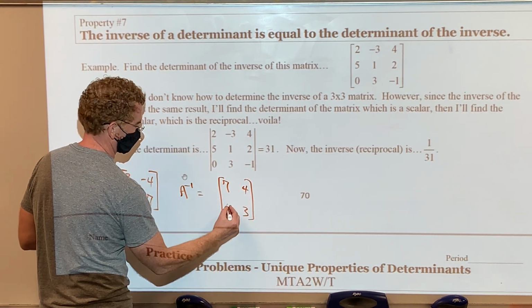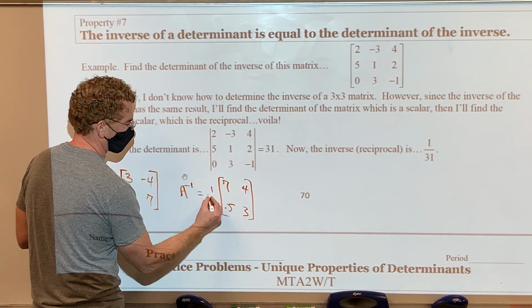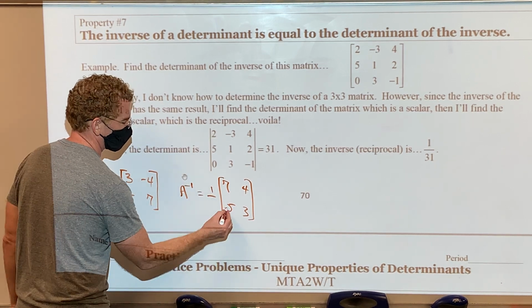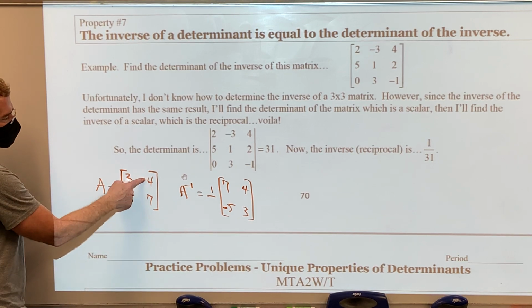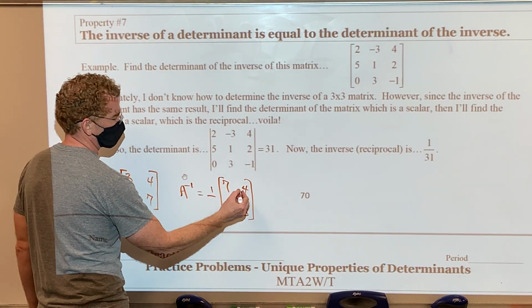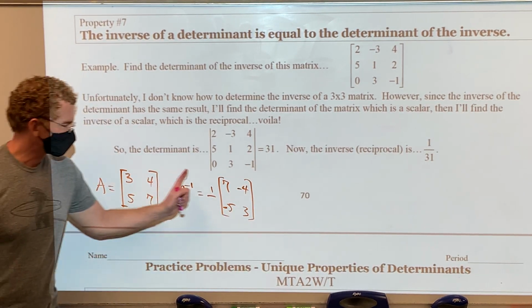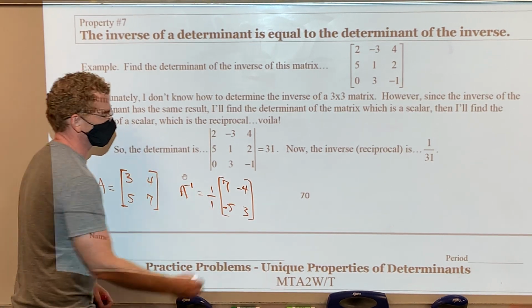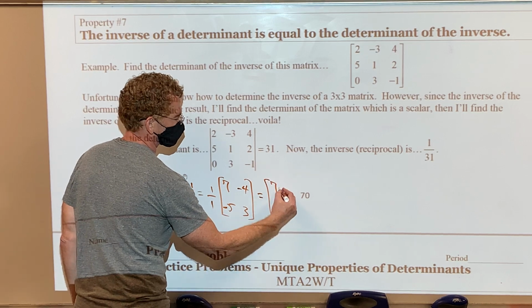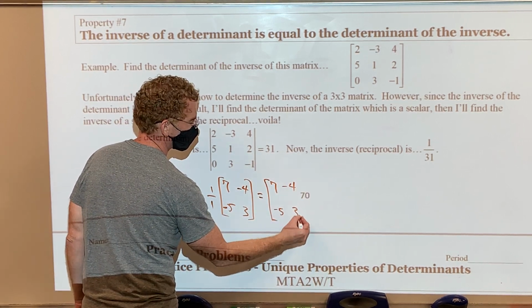Probably should have thought about this answer. And then 1 over the determinant, which is 21 what? I'll make it a positive 4. 21. Make it a positive 4. Now what is it? 21 minus 20. 1. So the inverse ends up being, I'm trying to make it simple, this.